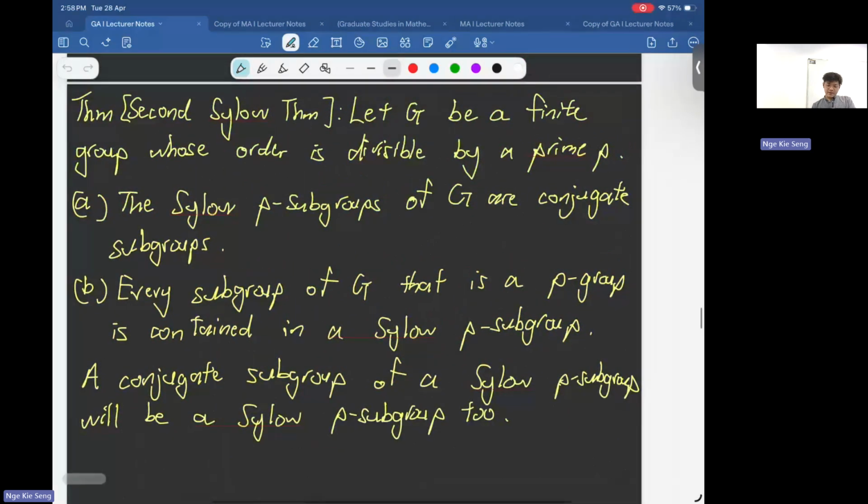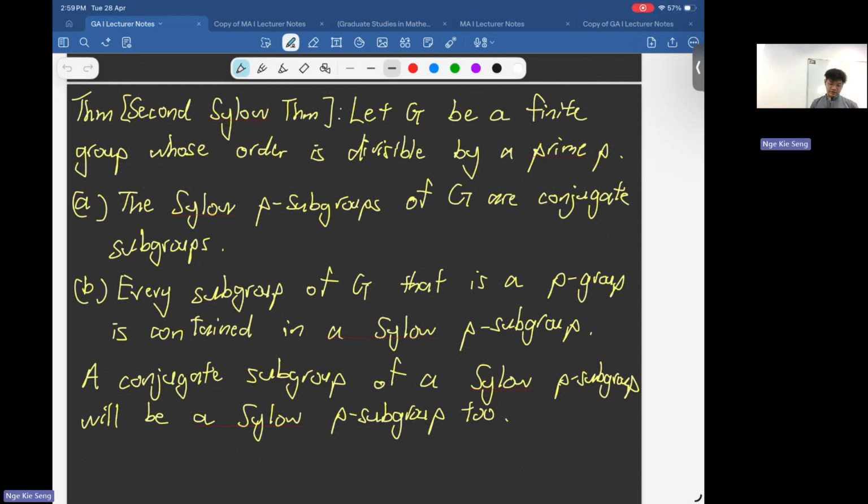Then the second Sylow theorem: if G is a finite group of order divisible by a prime p, then the Sylow p subgroups are conjugate subgroups. This one is very interesting. It means that no matter which Sylow p subgroup you found, they are actually just conjugate to each other.